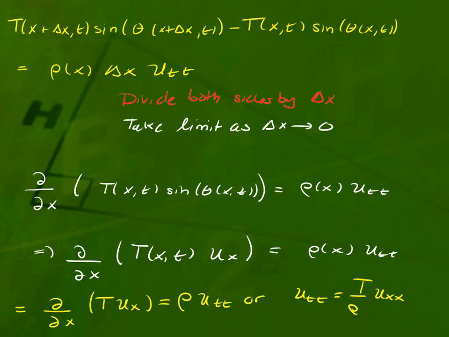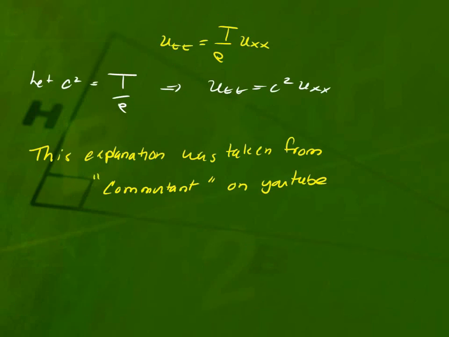Because if T is constant, I can pull it out, and I get the derivative of ux, which is the second derivative of u. So I get utt is a constant times uxx. And that's the wave equation, right up there. The yellow is the wave equation with the constants in it.